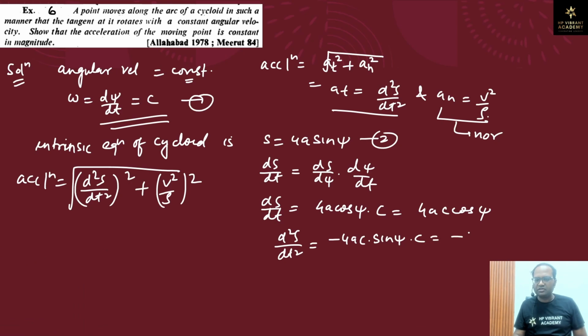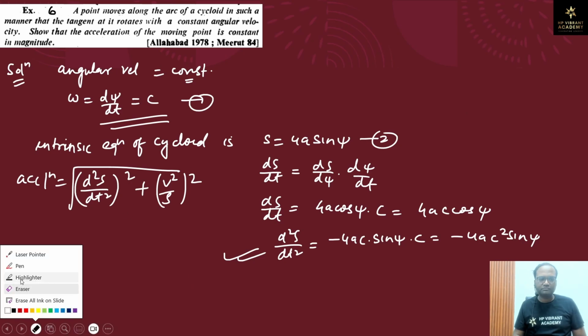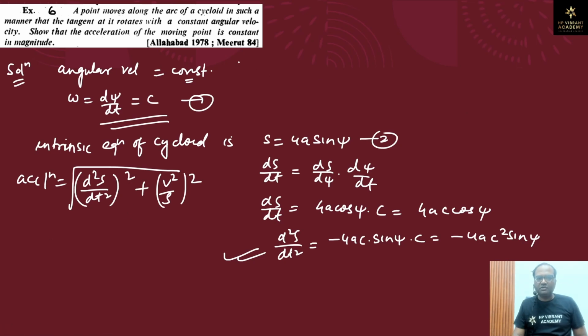This is equal to minus 4ac square sin psi. So we have d2s upon dt square is equal to minus 4ac square sin psi.